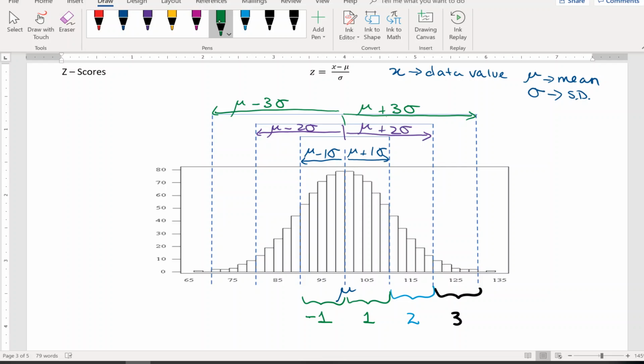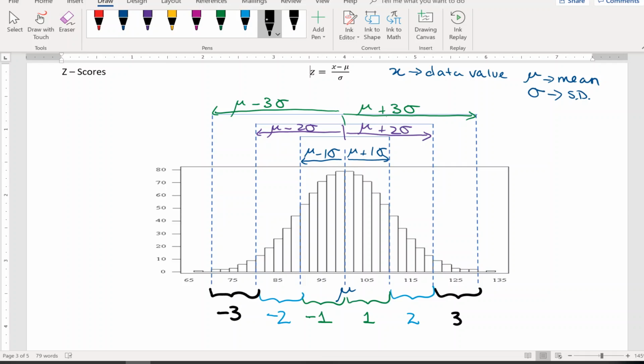It's within this group here. And then between here and here, if your data value falls in this range, it would have a z-score of -2. And if your data value fell within this range, it would have a z-score of -3.